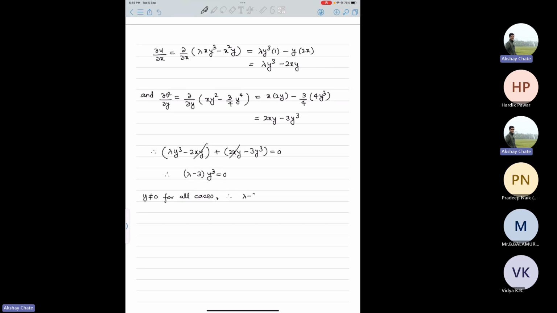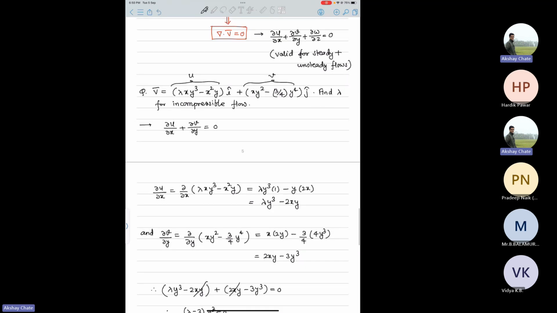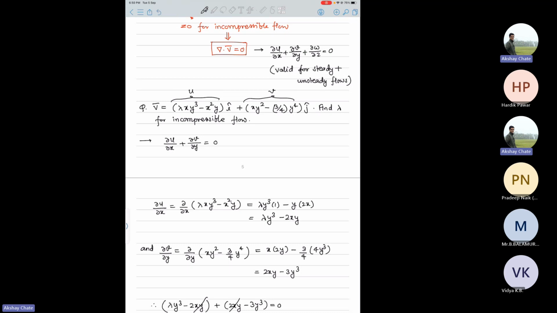Therefore, lambda minus 3 has to be 0, and therefore lambda is 3. So this is your solution.